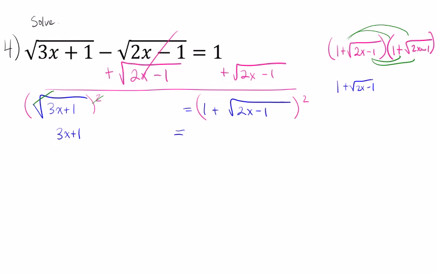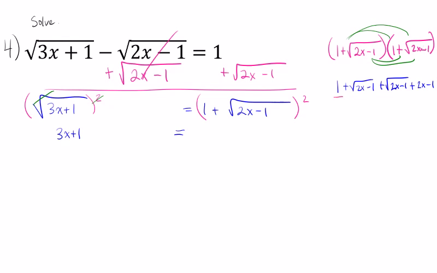Root 2x minus 1 times 1 is root 2x minus 1. And then we finally have root 2x minus 1 times root 2x minus 1, right? And here, when we multiply a square root by itself, we do get the radicand, right? So we get 2x minus 1, okay? All right, so that's the result when we FOIL.